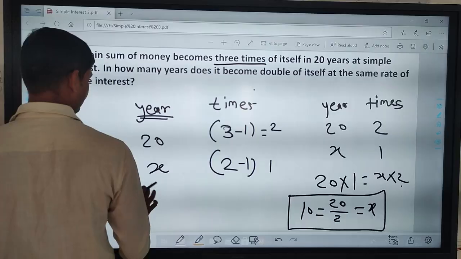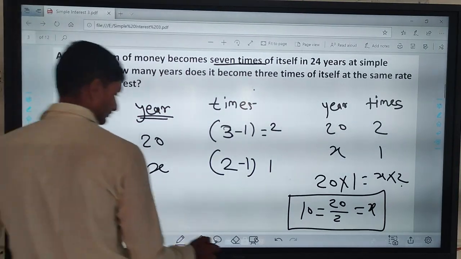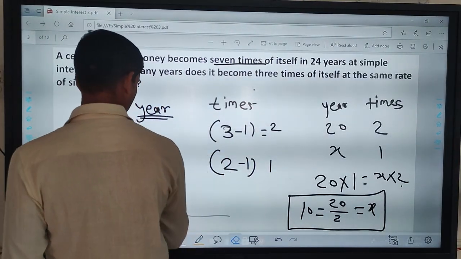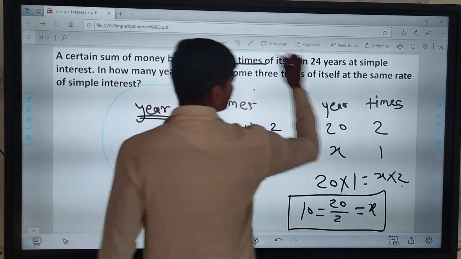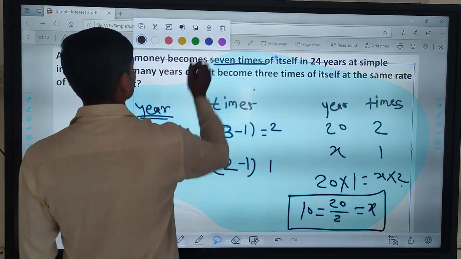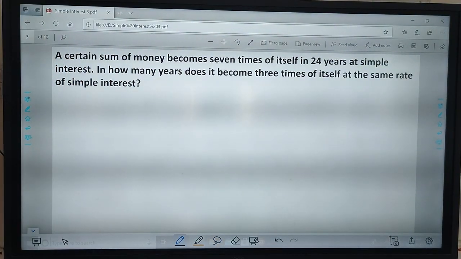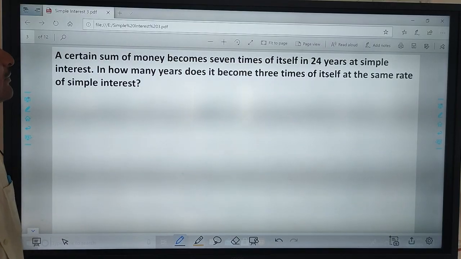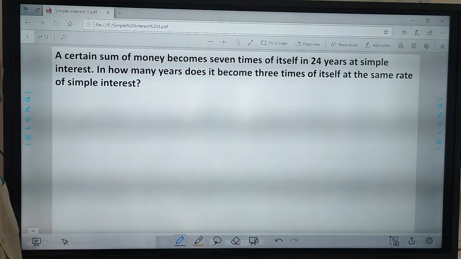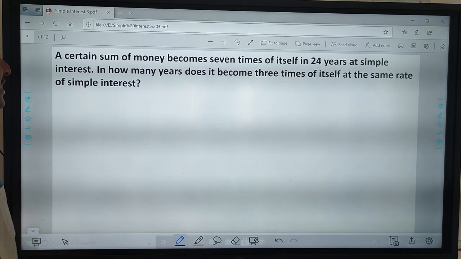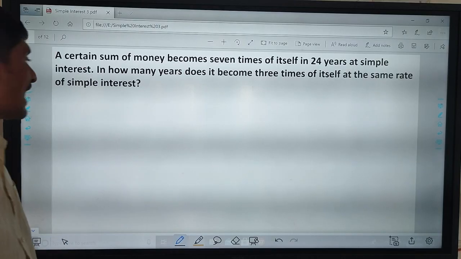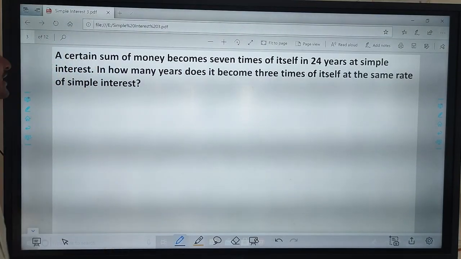Now next, a certain sum of money becomes 7 times of itself in 24 years at simple interest. In how many years does it become 3 times of itself at the same rate of simple interest?